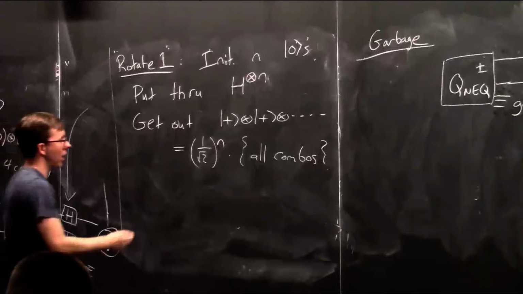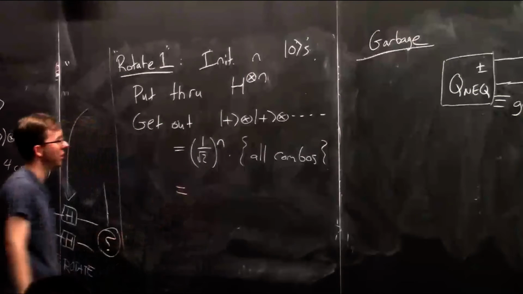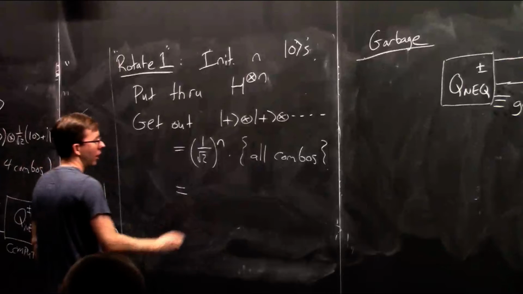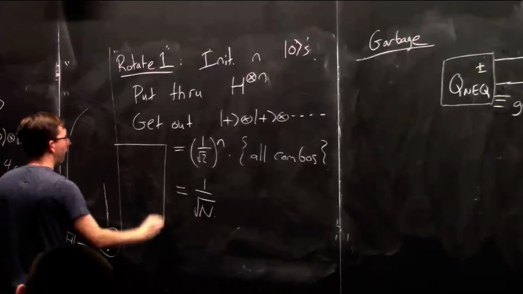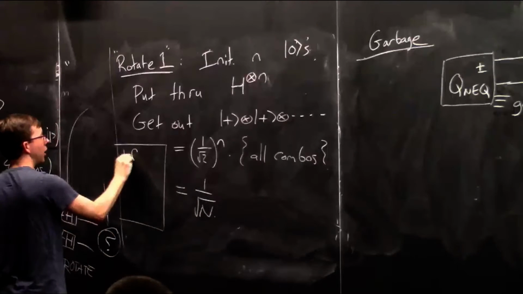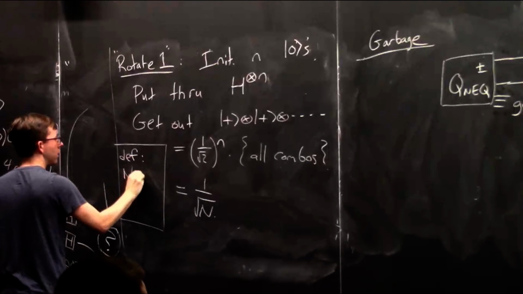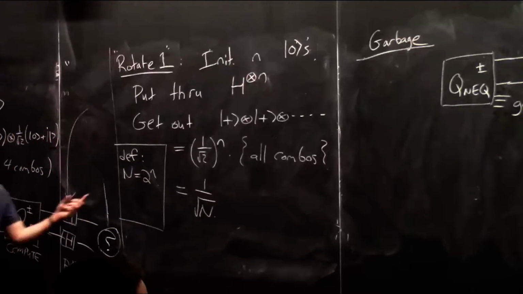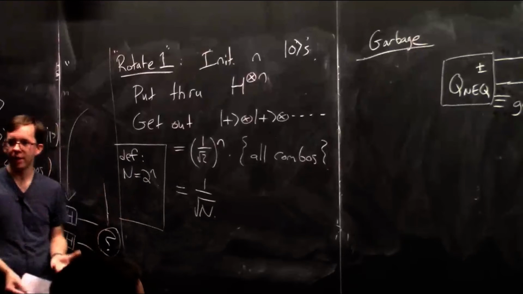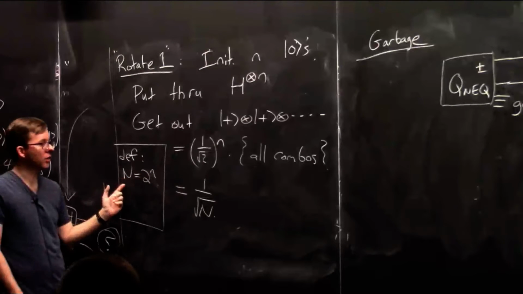And let me write this with more symbols. I'm going to call this 1 over square root capital N, where this is a notation I like. Capital N is 2 to the little n. Okay? This is actually the dimension in which the whole quantum state lives, 2 to the little n dimensions or capital N dimensions.